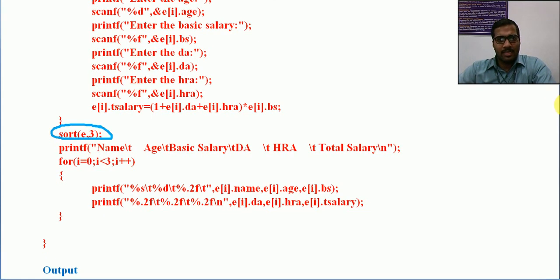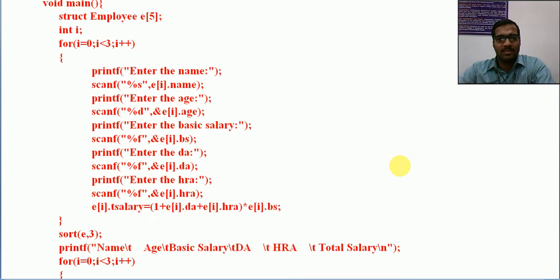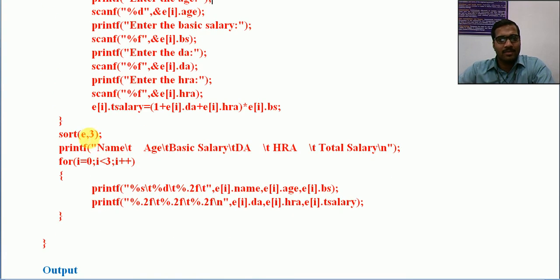What is e here? e is an array, right? Which type of array? A structure type array. So this e can be considered as a structure itself, and I'll be passing a structure. I am using only the structure name, because when we are passing an array, we need to pass only the name of that array.